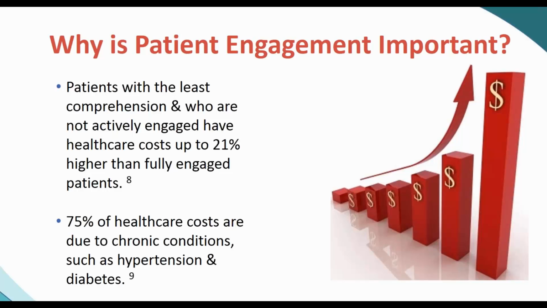And other studies show that 75% of healthcare costs are really due to chronic conditions like hypertension and diabetes. So if you have a patient who is fully engaged, continually educating themselves, with your assistance, and adhering to their care plans, a small reduction in the cost has a huge impact.